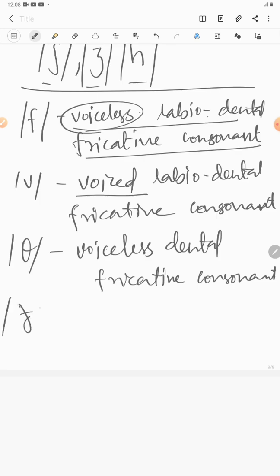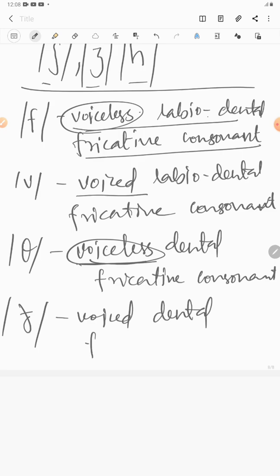Then th, as in the, is voiced dental fricative consonant. Here the first is voiceless, so automatically the second becomes voiced.